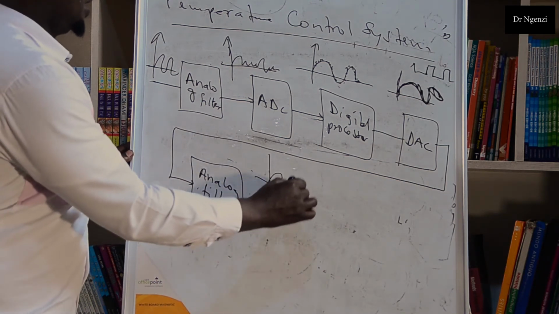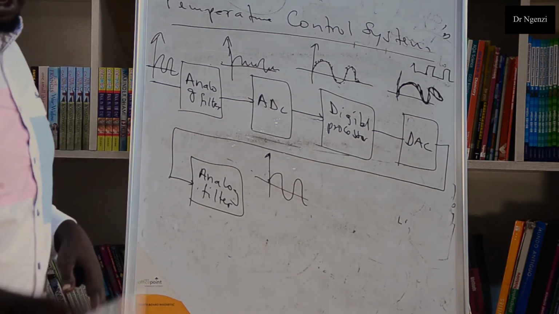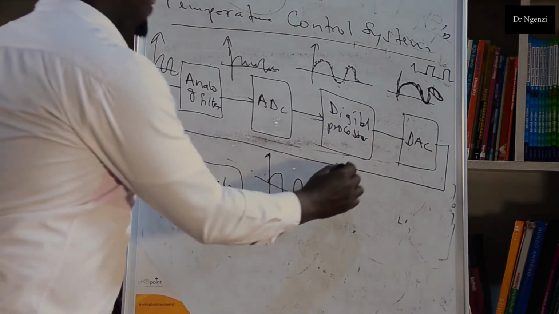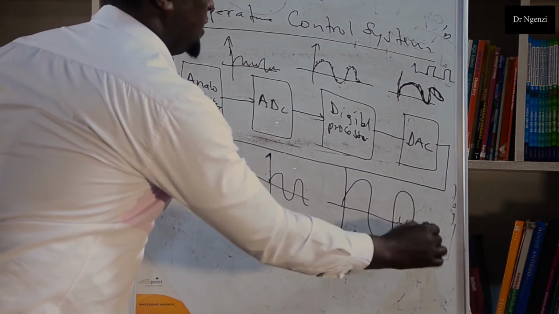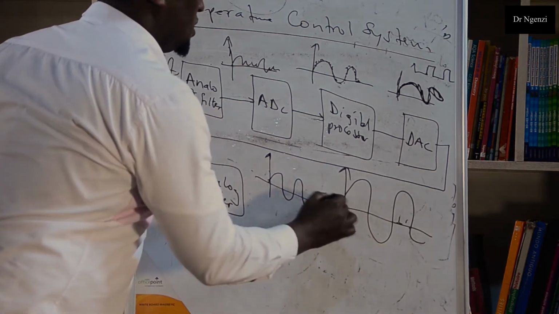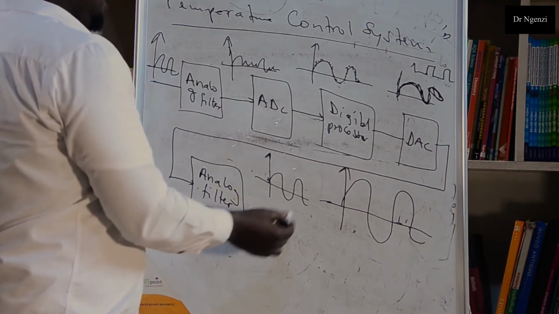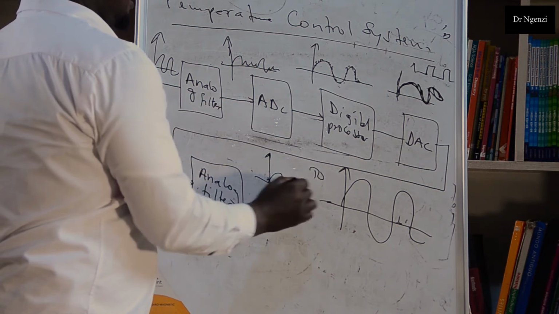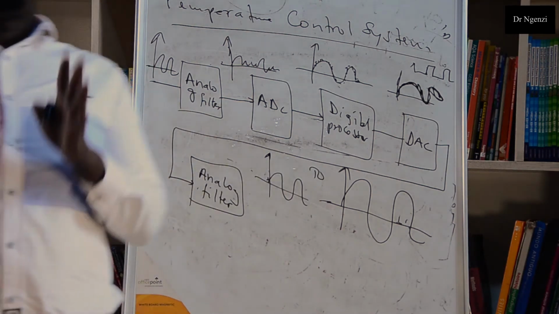It's going to be like the other one, which is analog, and then it is put into the filter. Then you can take a pure sinusoidal wave like this one. So this is a pure analog signal. The analog filter has changed this one into a pure analog signal. So this is the full, complete diagram.